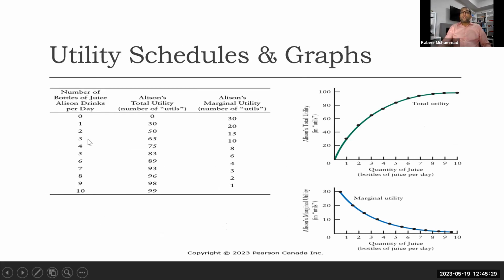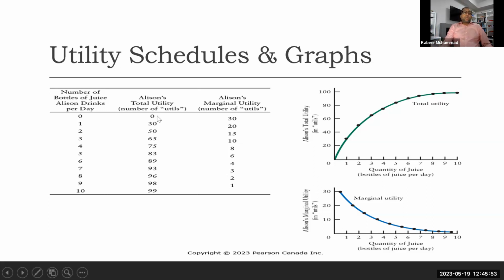And the total utility we calculate explains the total utility she's getting. When it is 0 bottles, definitely the utility is 0. But the first bottle she got 30, and then total utility is 50, and then 65.